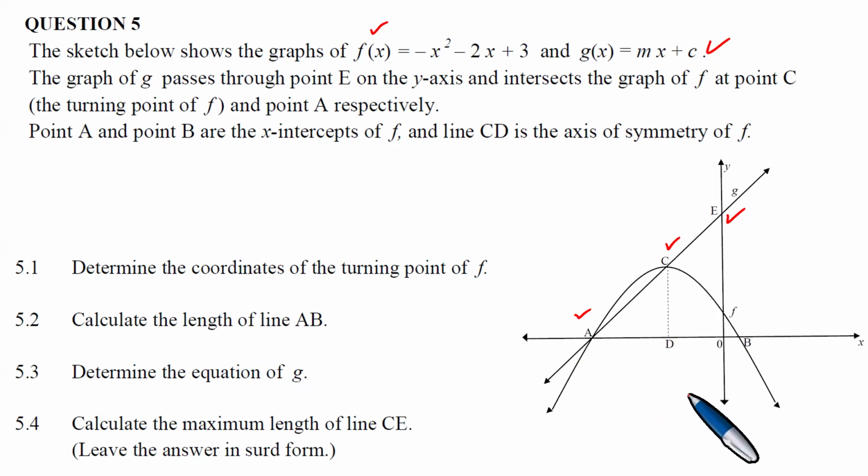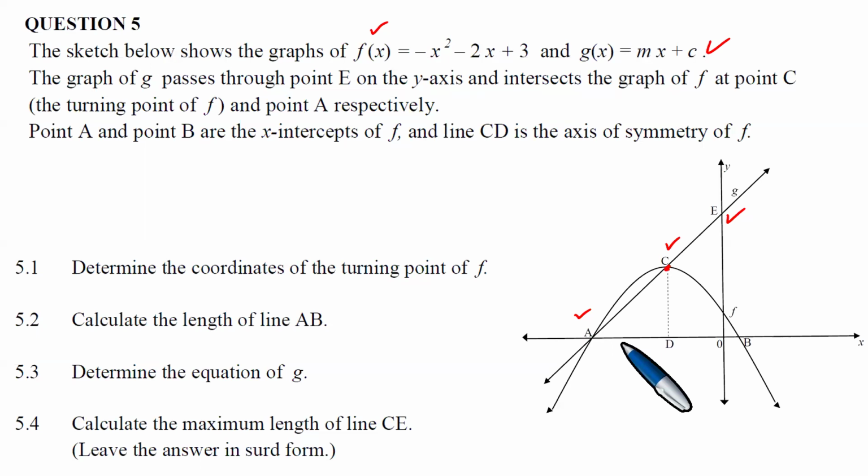Line CD is the axis of symmetry of f. Determine the coordinates of the turning point of f. How do we find the coordinates of the turning point of f? Who knows?